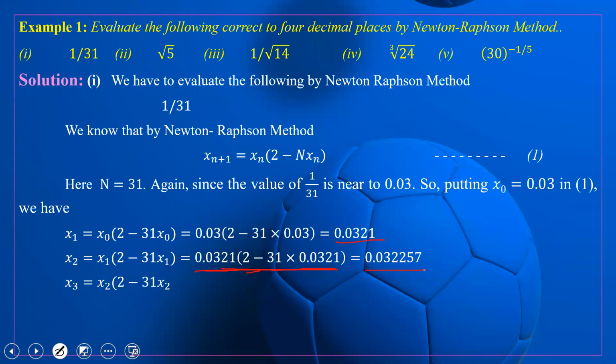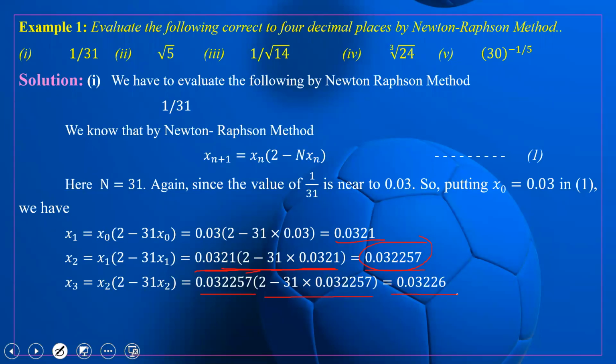Let us take one more iteration. For x3, our x2 is 0.032257, so x3 is 0.032257 times (2 minus 31 into 0.032257). Simplifying, we get 0.0322.